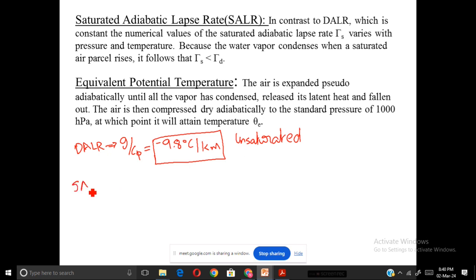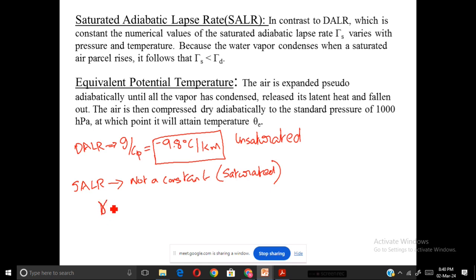And in the case of a saturated air parcel, the saturated adiabatic lapse rate is not a constant value.